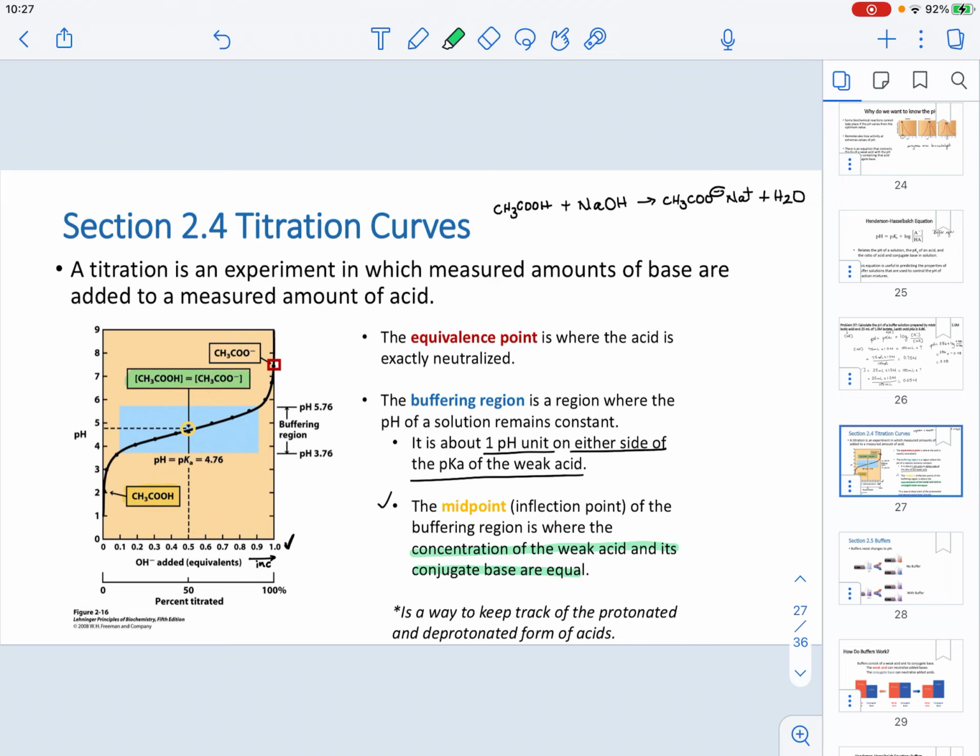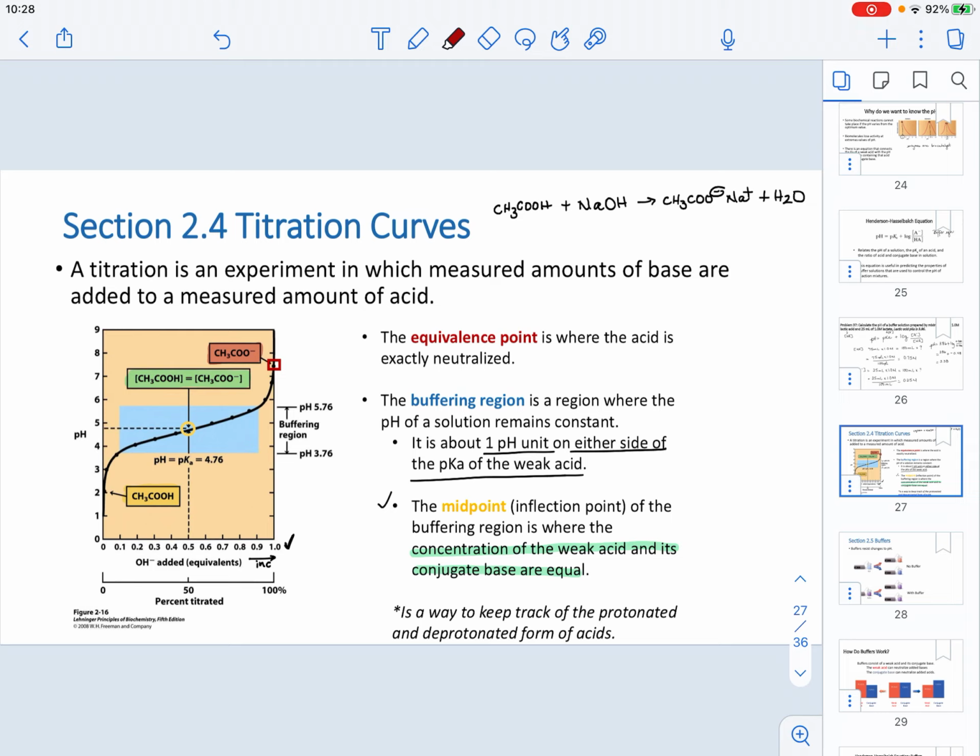So at that point, what we have in the solution is the conjugate base of the system. Once we have reached there, we're no longer under buffer conditions.